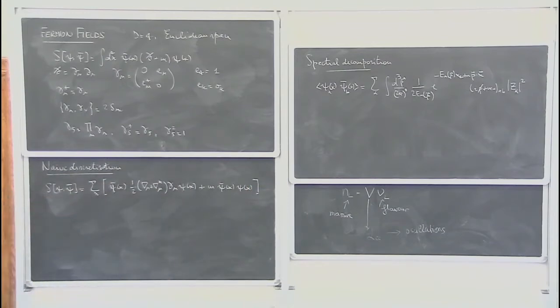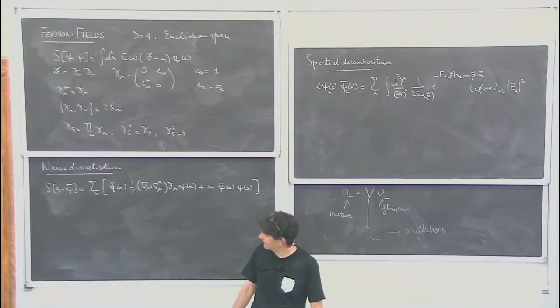Okay? So that's the prescription we used for the scalars. You replace integrals with sums, you take finite differences, and you declare that this is your lattice action.